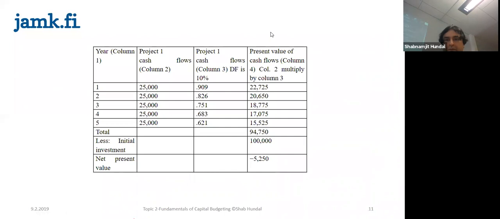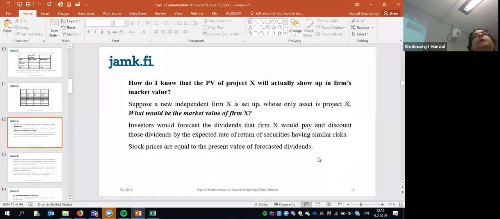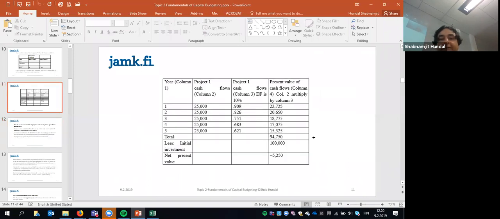So if you believe that a firm is a sum of projects, then the value of the firm would be the sum of the value of the projects. And how you find the sum of the value of the projects is with exactly the technique which we have discussed in cash flows.